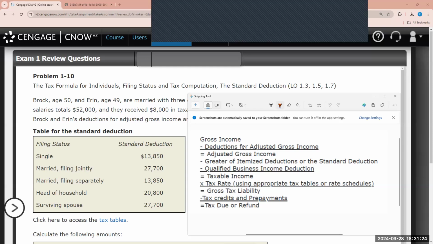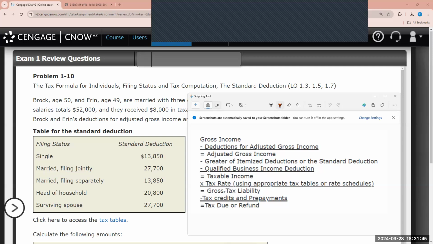All right, so one thing I want you to keep in mind, this is the income tax formula. We start off with our gross income. We subtract deductions from adjusted gross income, and this gives us our adjusted gross income. From there, we subtract the greater of our itemized deductions or standard deduction. From there, we subtract qualified business income deduction, if any, and this gives us our taxable income.